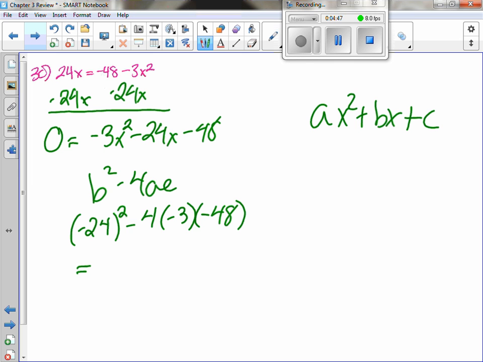And again, at this point, we can type this all into the calculator. And if we type all this in, we get 0. So since it's equal to 0, we have how many solutions? One, and it's going to be one real solution.